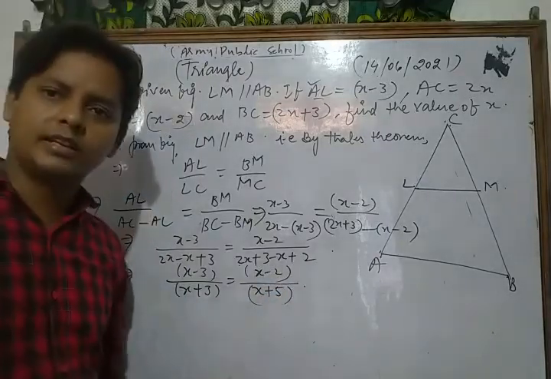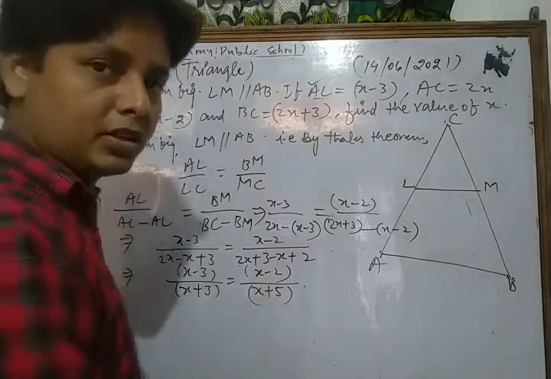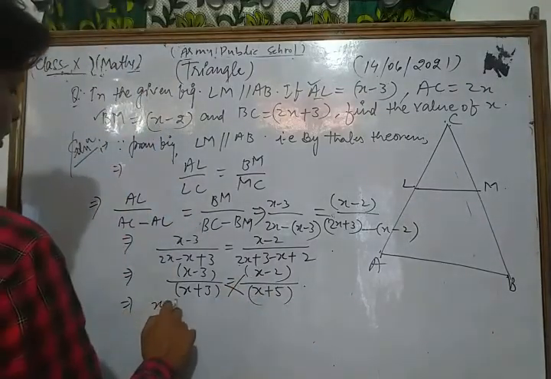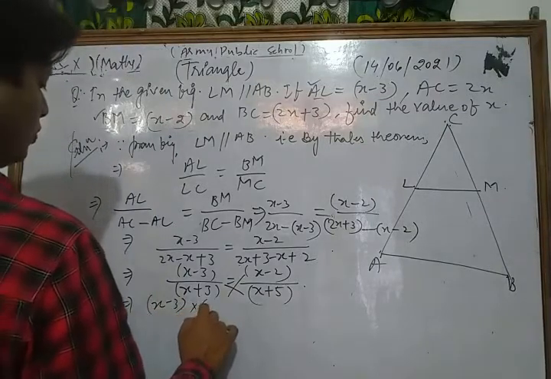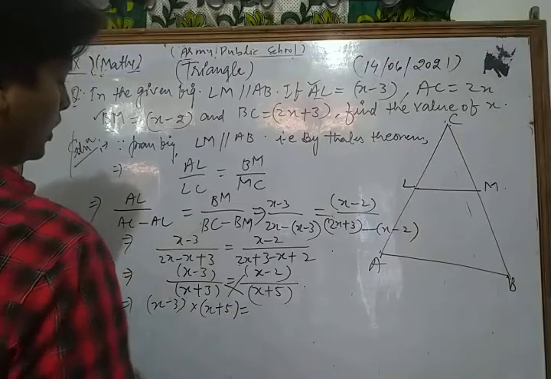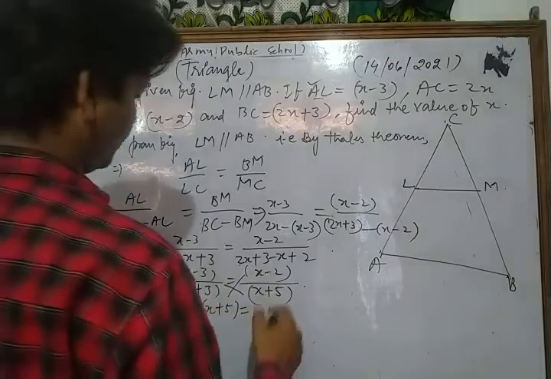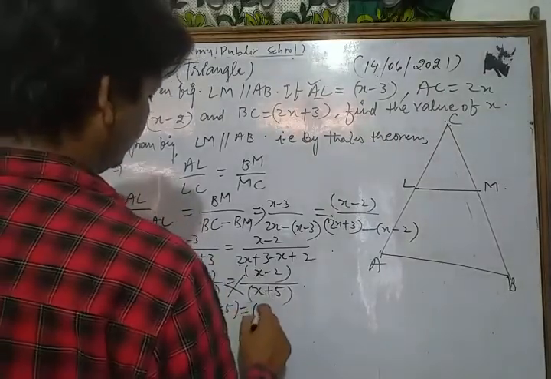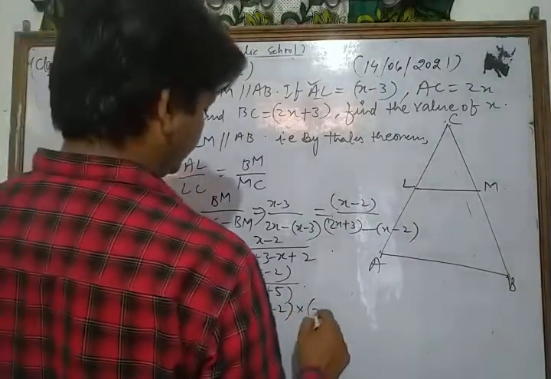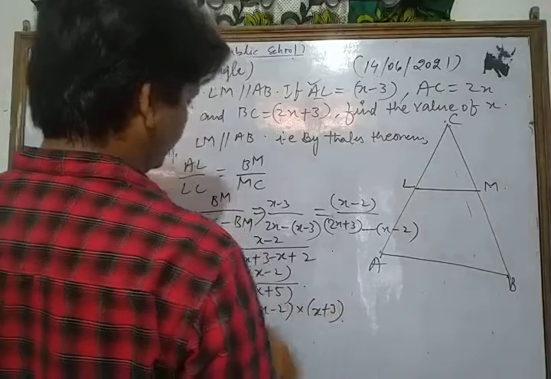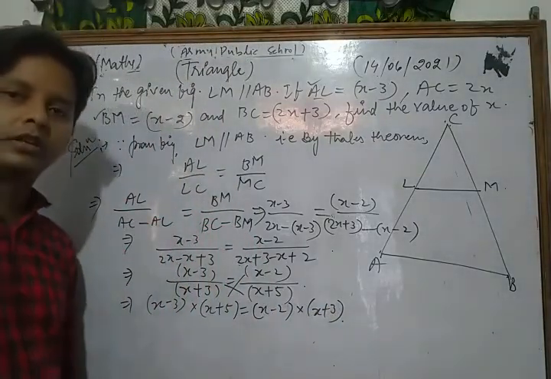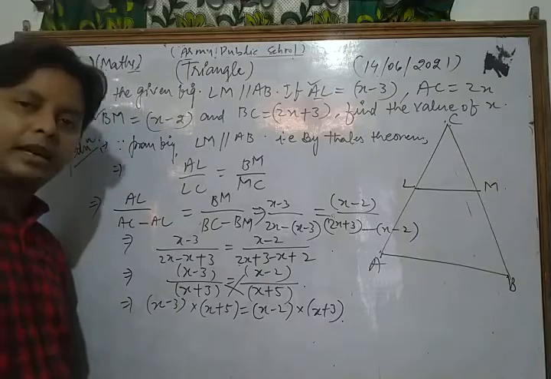Now we do their cross multiplication, so we get x minus 3 into x plus 5 is equal to x minus 2 into x plus 3.